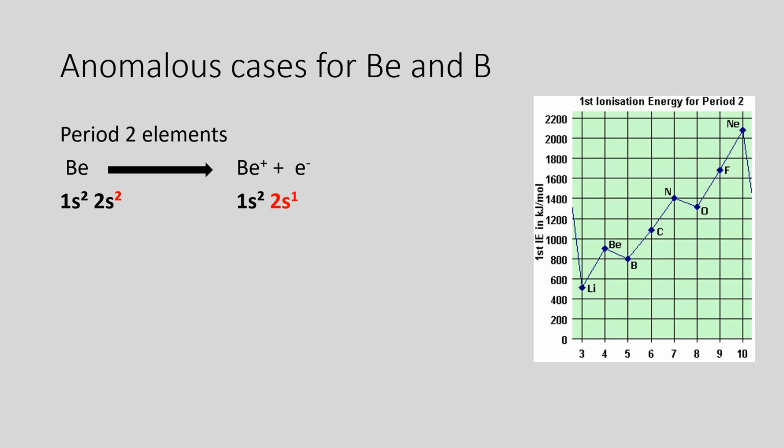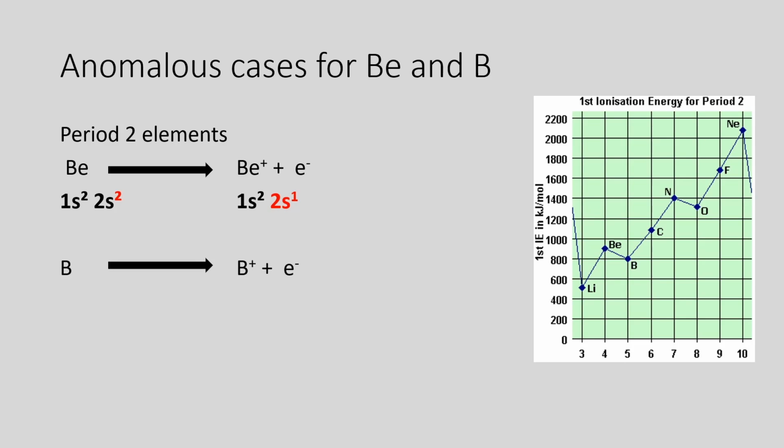So, beryllium 1s2 2s2, kita buang 1 electron untuk jadikan beryllium plus. So, first ionization energy kan. So, kita tarik 1 electron daripada beryllium untuk jadikan beryllium plus. So, dia perform 1s2 2s2 ke 1s2 2s1.